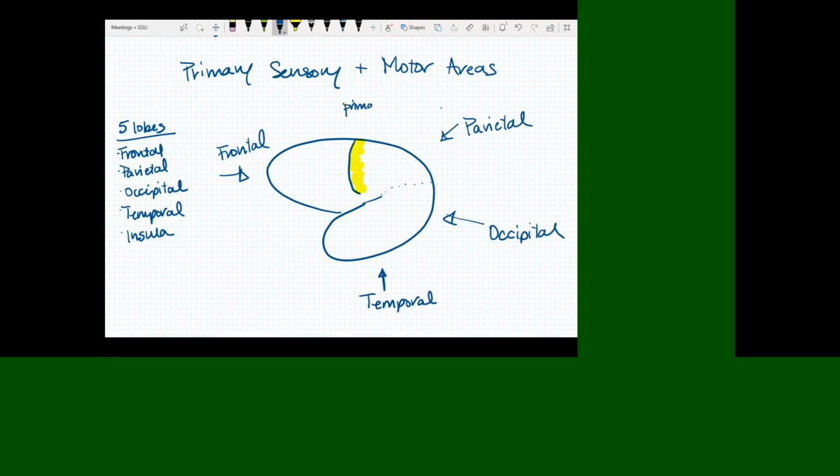This is our primary sensory cortex. This is where you will have the sensations that you are processing of touch, pain, and temperature.